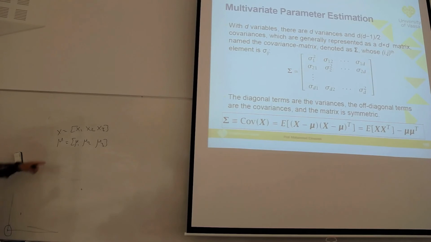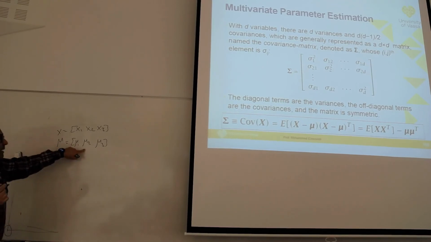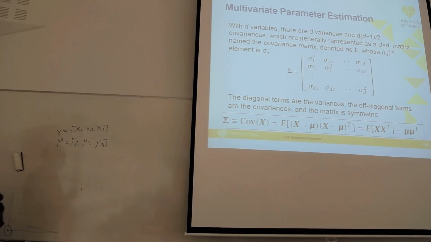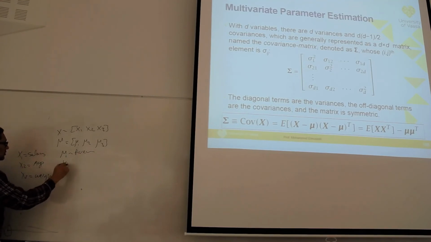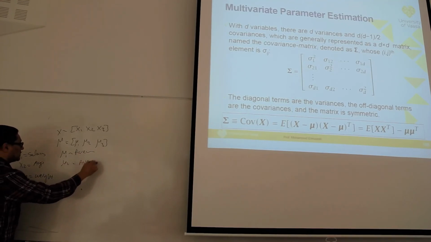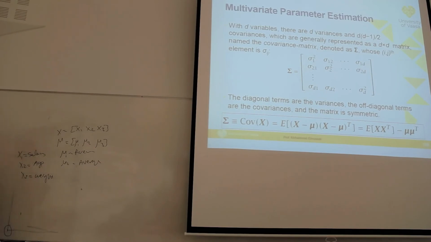Mu1 means the mean of attribute 1, mu2 means the mean of attribute 2, and so on. For example, if x1 is salary, x2 is age, and x3 is weight, then mu1 means the average salary, mu2 the average age, and mu3 the average weight.